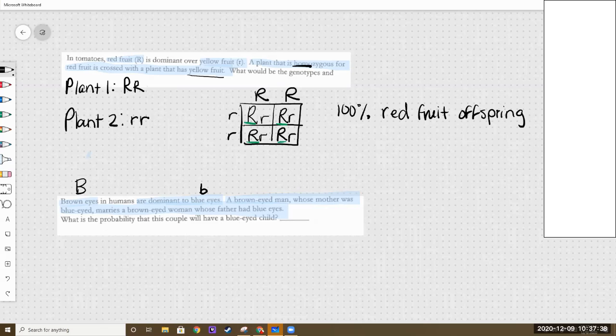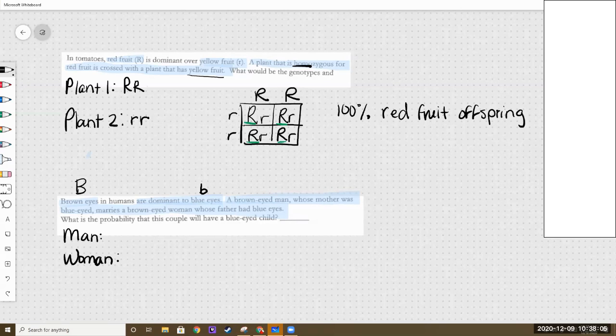All right. So now, it says we have a brown-eyed man whose mother was blue-eyed, marries a brown-eyed woman whose father has blue eyes. So we need to figure out for the man and the woman, what are their genotypes?